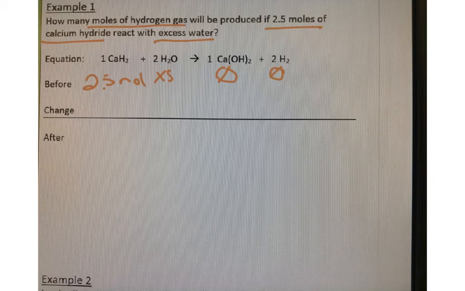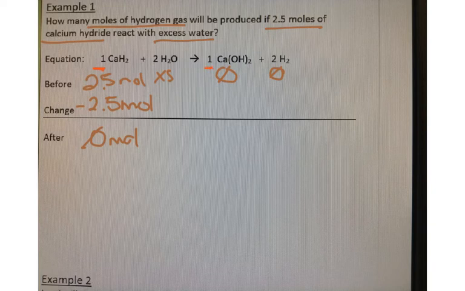So now I need to figure out how much I am going to lose. I'm going to assume that all of that 2.5 moles reacts, so I'm going to lose 2.5 moles. That makes me have 0 moles of calcium hydride left. Looking at my coefficients, I see a 1, and do I see any other coefficients with a 1? Well, I see that calcium hydroxide is also a 1.